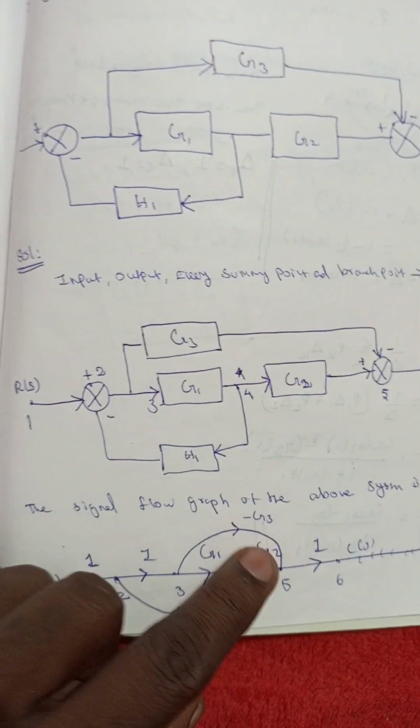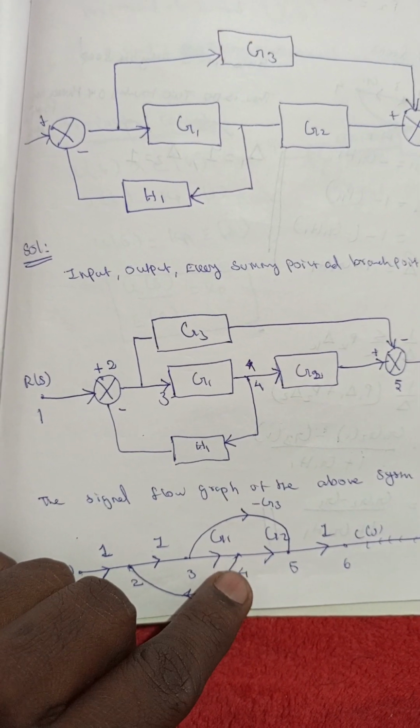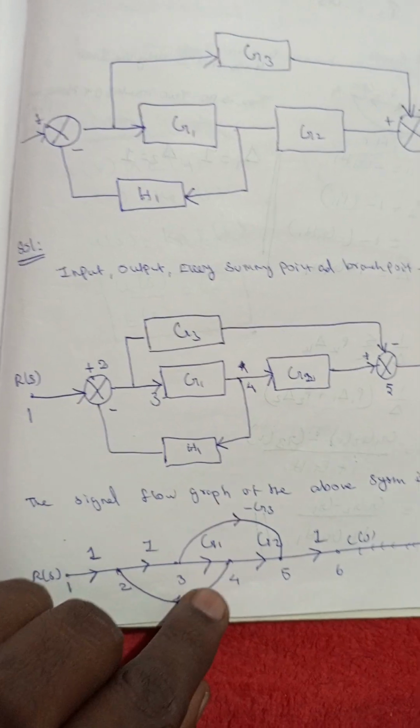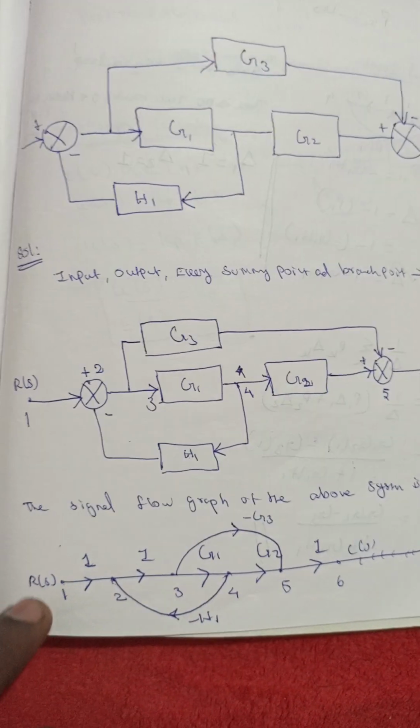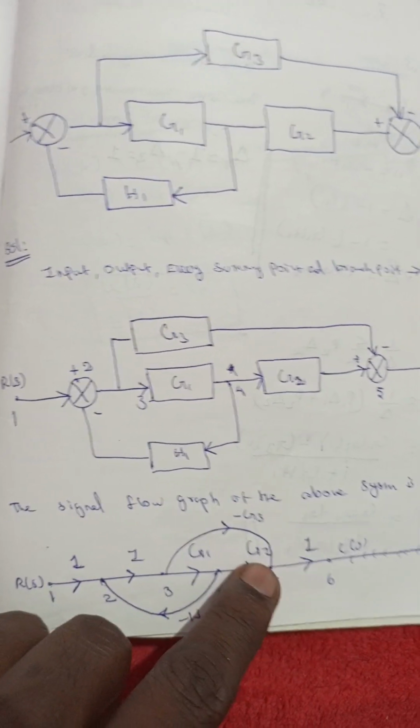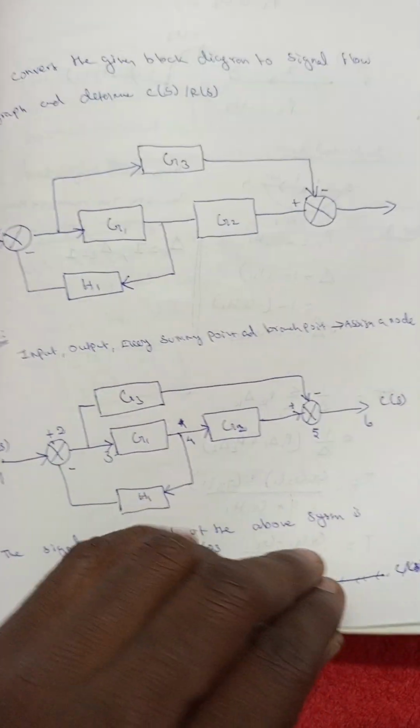This is G2. Before that we should mark 4. For the junction we have to mark this node. So there are 1, 2, 3, 4, 5, 6 nodes.